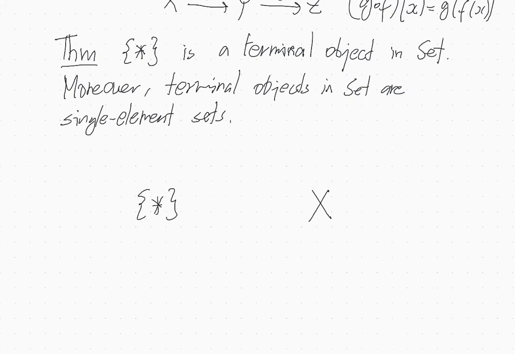We can't speak about elements of X directly because we don't have a notion of an element in a category, but maybe we can access them indirectly through whatever we have in a category.